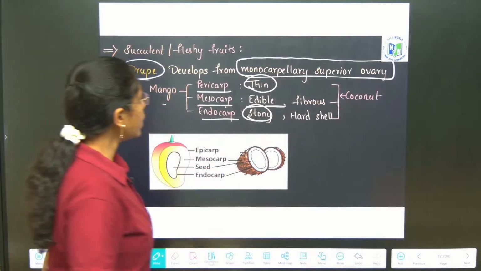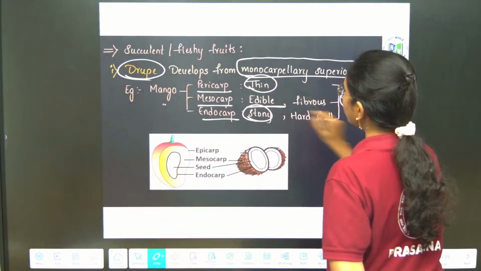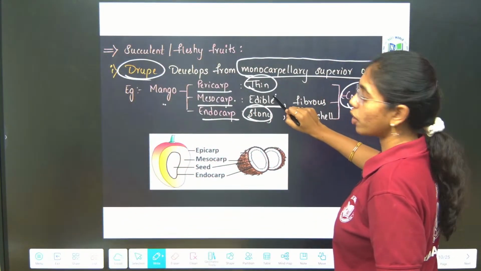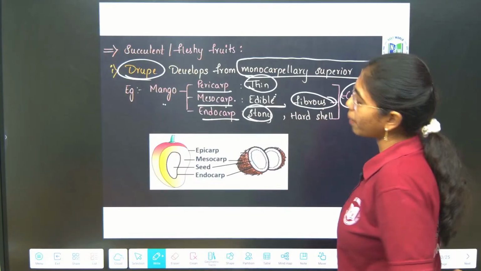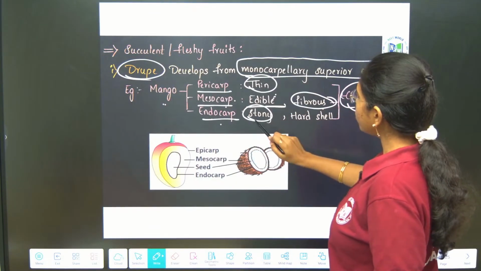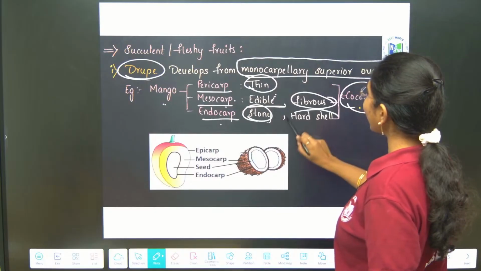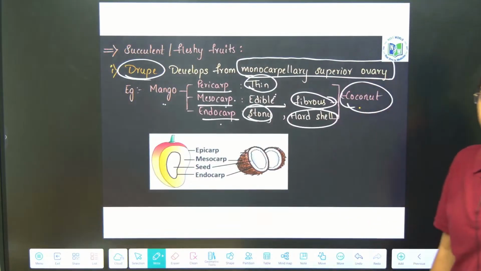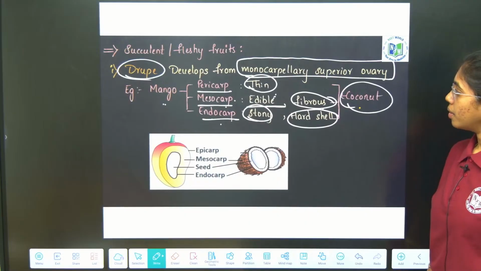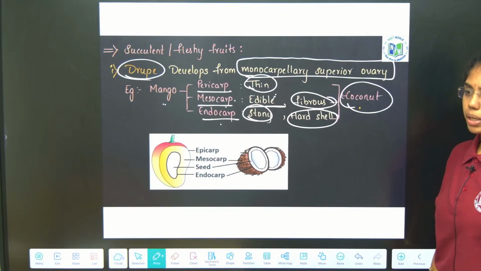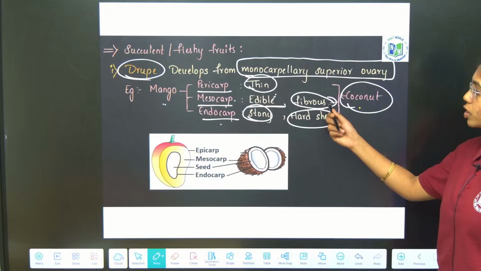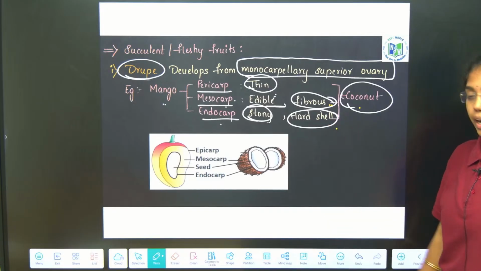In coconut, the mesocarp is fibrous, whereas it is edible in mango. The endocarp is stony in mango, but like a hard shell in coconut. Coconut has no distinct epicarp. So it has a fibrous mesocarp and a hard shell-like endocarp.